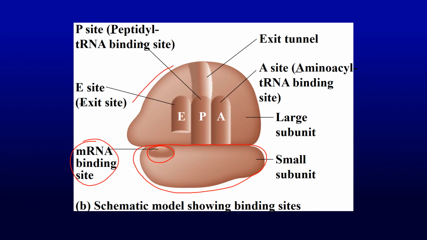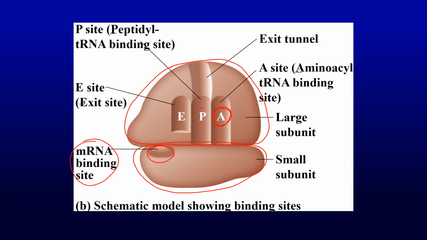The next part of the ribosome is this bit here, the large ribosomal subunit. And there are several different sites within the large ribosomal subunit that I want you to be aware of. So one is this A site. All right, now you can just remember it as the A site. It stands for the aminoacyl tRNA binding site.